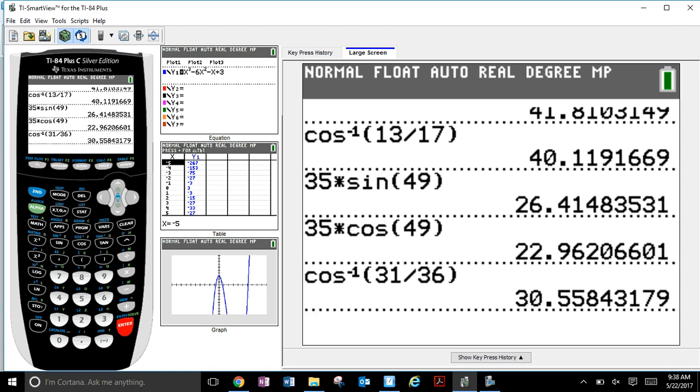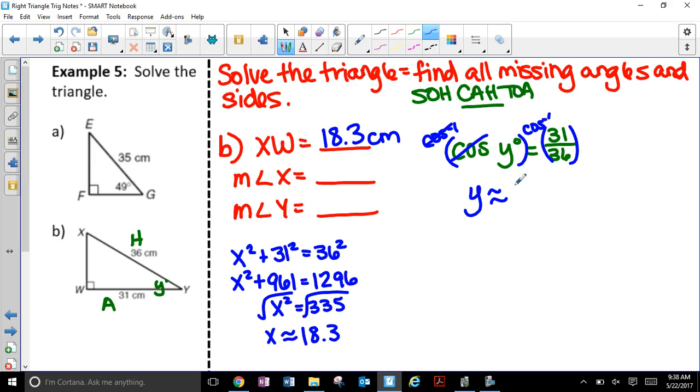So then that would be 31 degrees. So the measure of angle y is about 31 degrees. And then to find angle x, I'm just going to do 180 minus 90 minus 31. And that gives me 59 degrees for angle x.